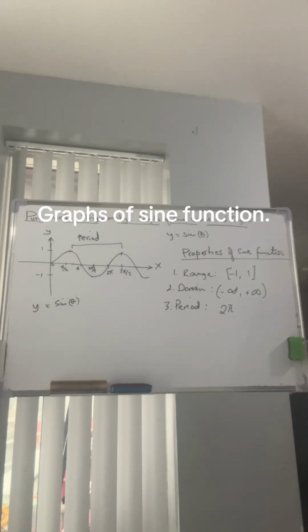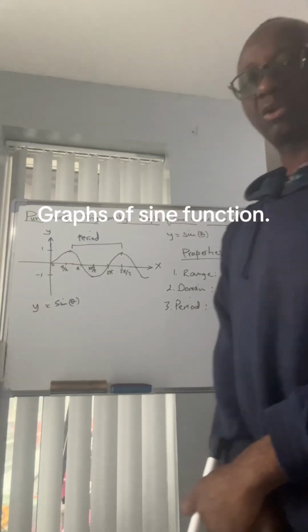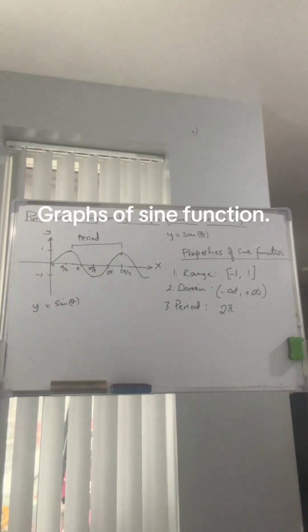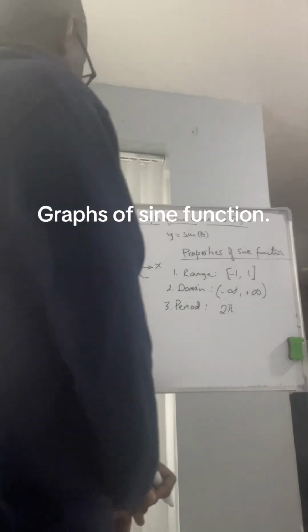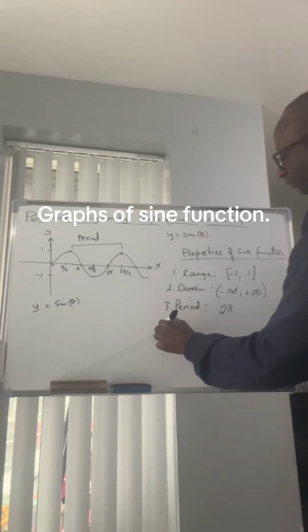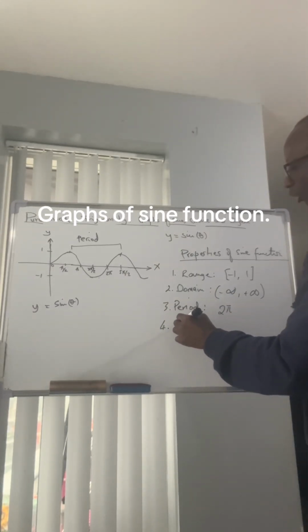And also some interesting thing I just want to make mention of. You will come across it, probably not in this topic, but it's worth noting. It's better to know it. The sine function is an odd function.